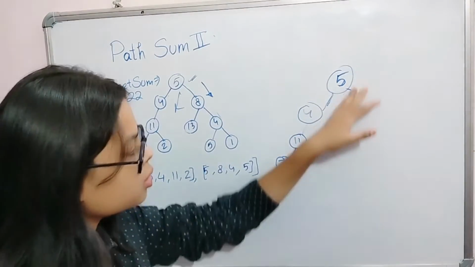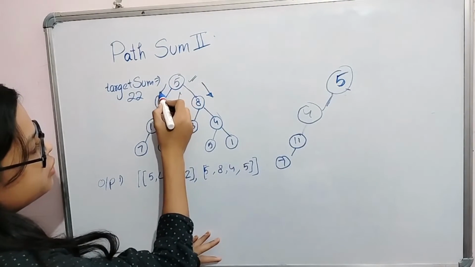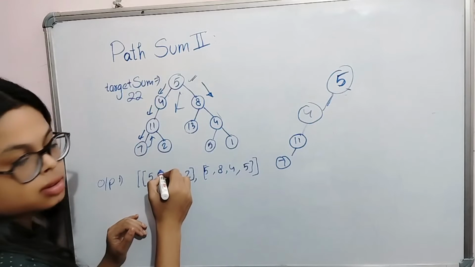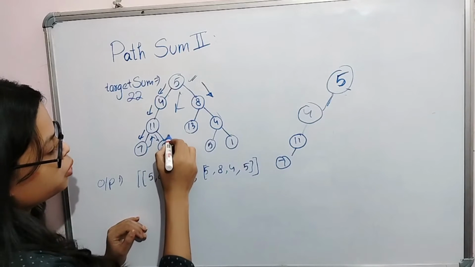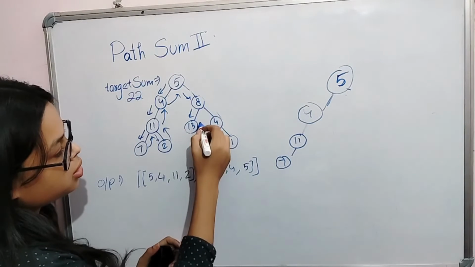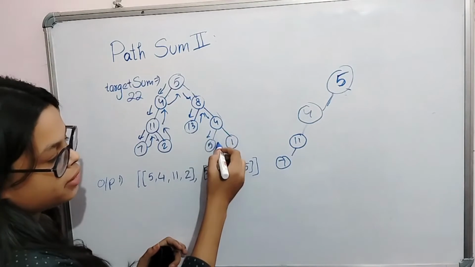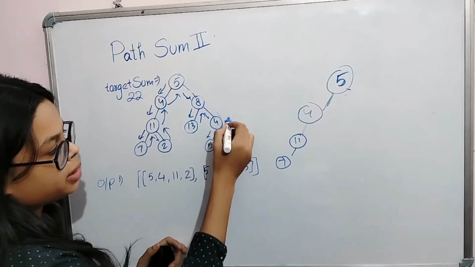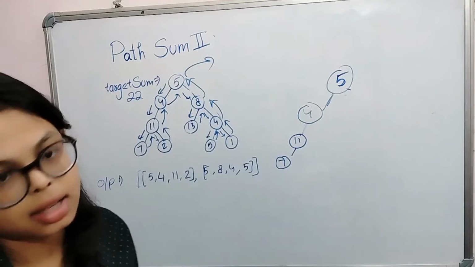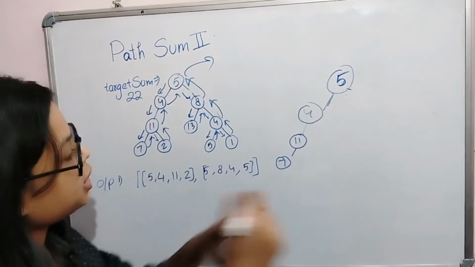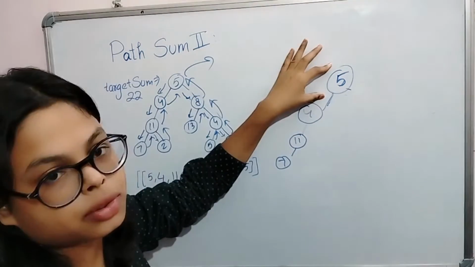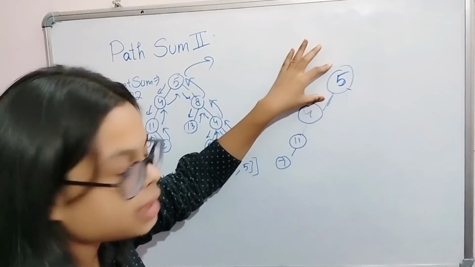Our DFS will work the same way: it will go from here, then here, then here, then back to 11, and then to 2, from 2 back to 11, then to 5, then to 8, 13, 8, 4, 5, 4, 1, then back to 4, back to 8, back to 5, and then we return whatever our answer is. Now, what I can say is, at point 5, is 5 a leaf node?